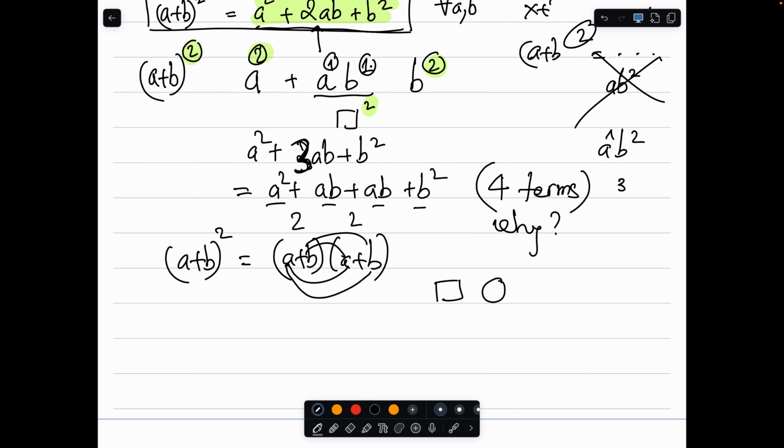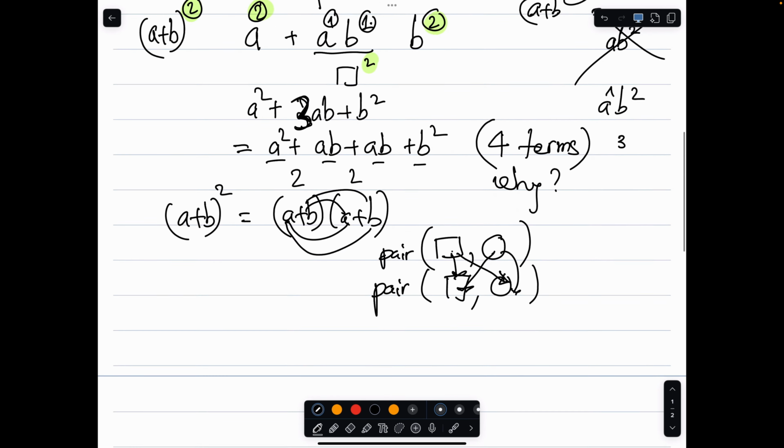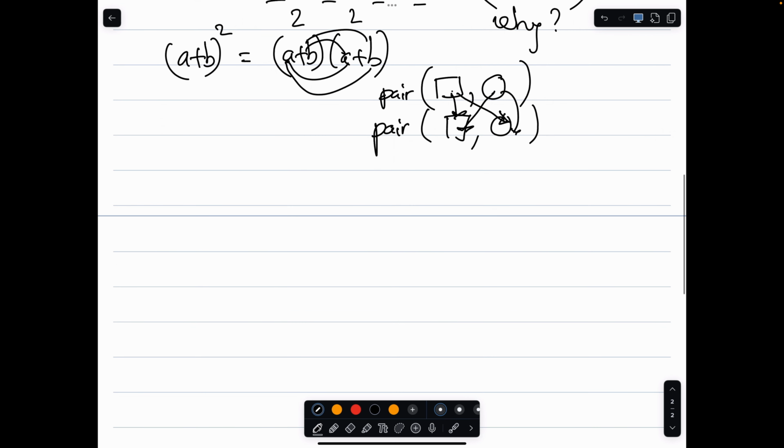Here you have this pair, and here you have another pair, this and this, and you want to know how many pairs you can have. Of course you can have this and this, that's one option. This and this, that's another option. This and that, and this and this. So I am using combinatorics to explain that you should understand it. That's everything you should know about this very simple identity.